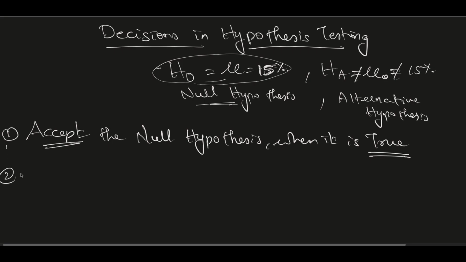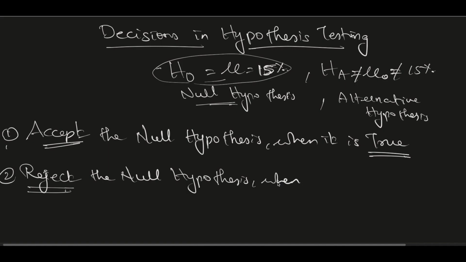Another outcome can be that you reject the null hypothesis, because your sample gave you some other data.